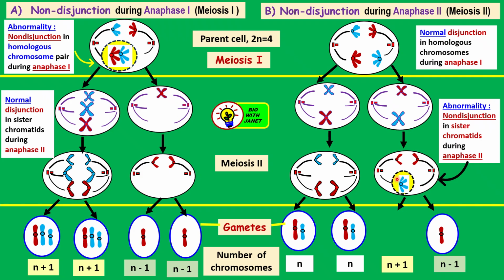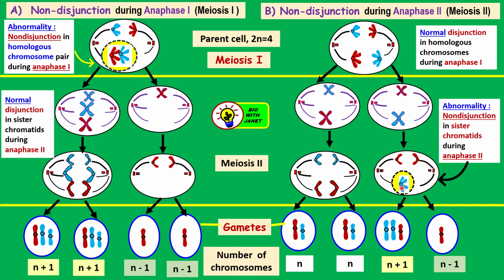Let's say there's an abnormality or mutation where there's non-disjunction, non-separation of sister chromatids for this long chromosome. So both the long chromosomes move to the same pole, still attached at the centromere, right? Now, after Anaphase 2 is over, the cell divides into 2, and the result is like this.